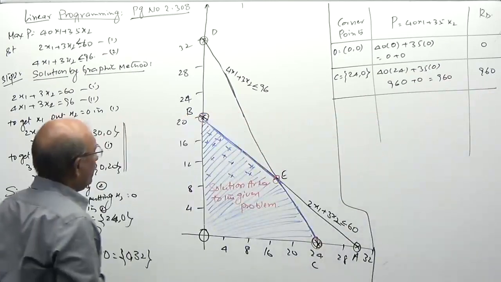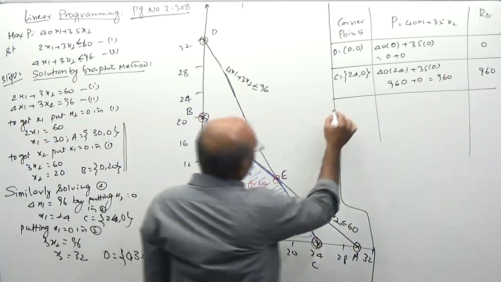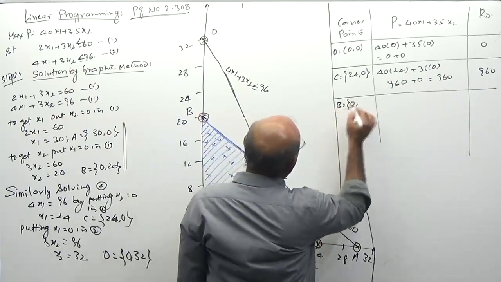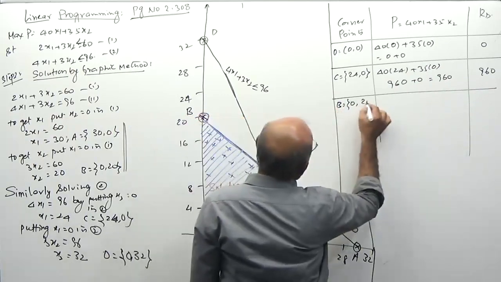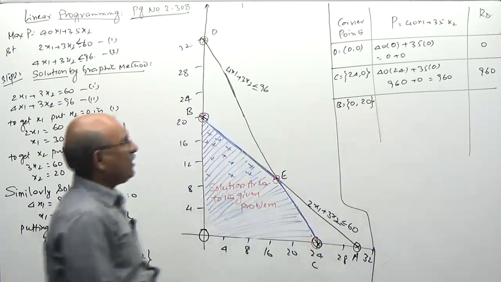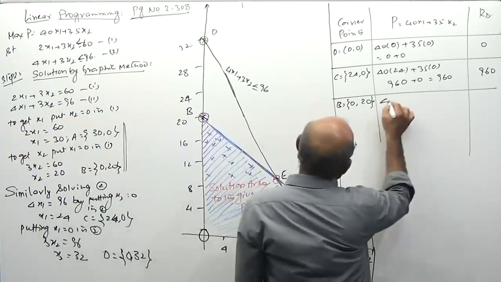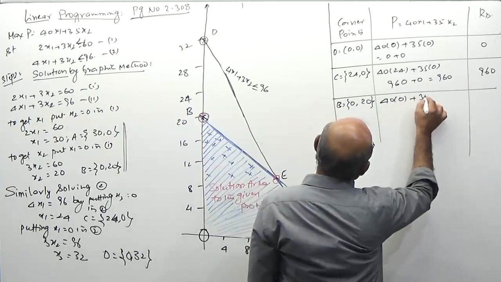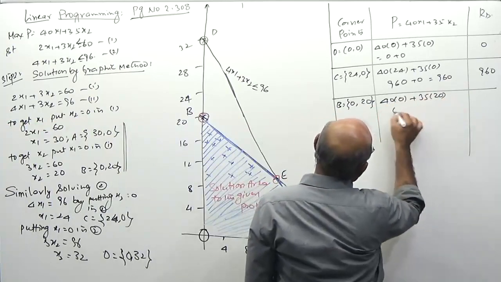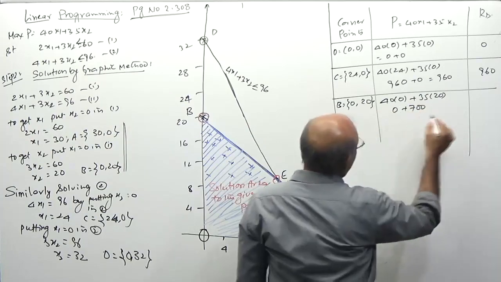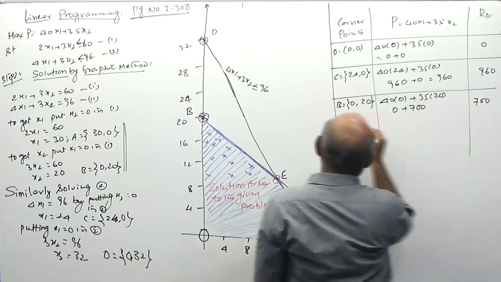There is one more point B, 0, 20. So this is 40 into 0 plus 35 into 20. 0 plus 700, 700.